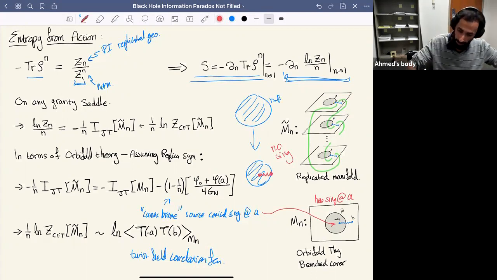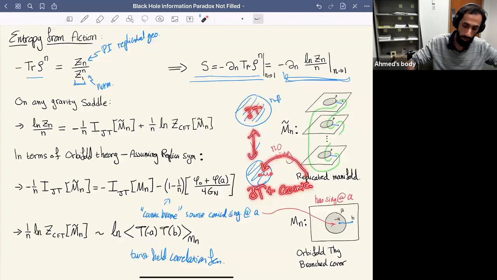If you look at this space-time, it looks like you have a conical singularity here. So it must be that the replicated JT theory is equivalent to an orbifold JT theory plus a cosmic brane. Otherwise, you don't have anything to generate this singularity in the bulk. I'm just saying this by consistency of going between these two pictures. Does that make sense?